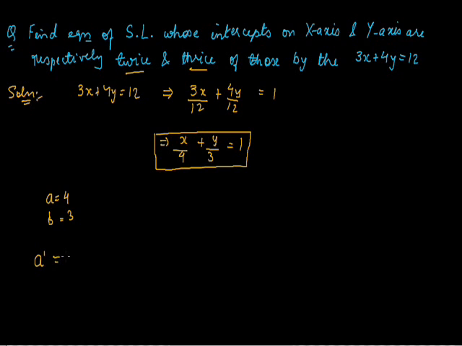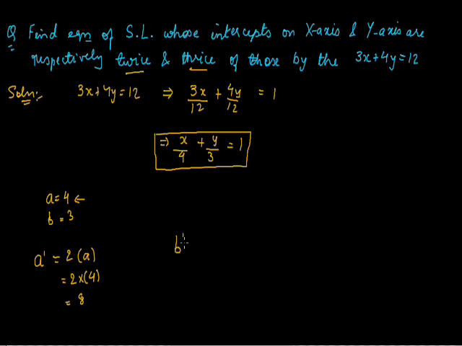Then a' is equal to twice that of a, which is 2 multiplied by 4. By substituting the value of a = 4, I'll get a' = 2 into 4, which is equal to 8. So a' = 8.